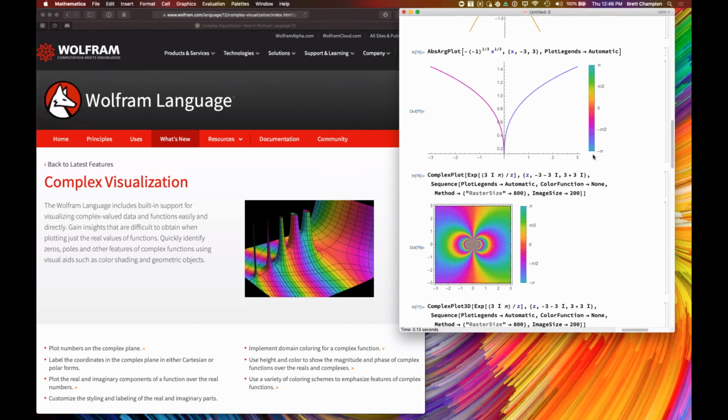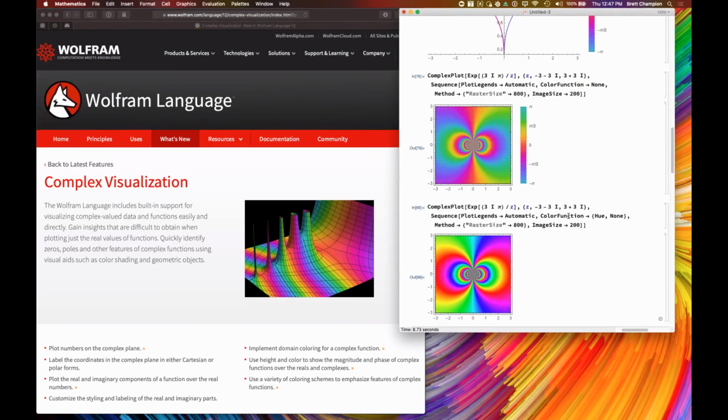So for comparison, if we try to use actual hue, and possibly I shouldn't have done it with the one that's got the resolution cranked up, then the immediate thing you see is that it's shifted by half of its cycle.